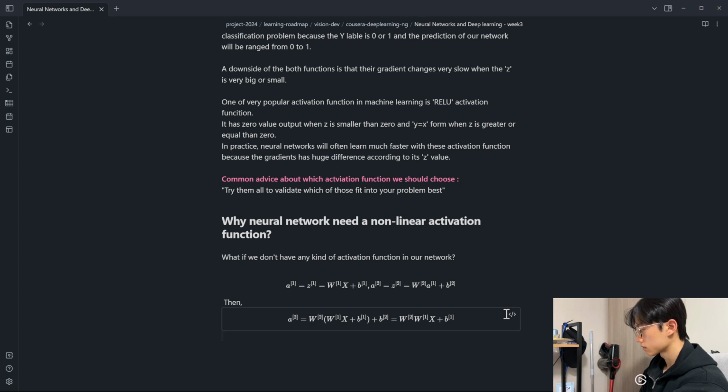But then the hidden units should not use linear activation functions. They could use ReLU or tanh or leaky ReLU or maybe something else. So the one place you might use a linear activation function is usually in the output layer.